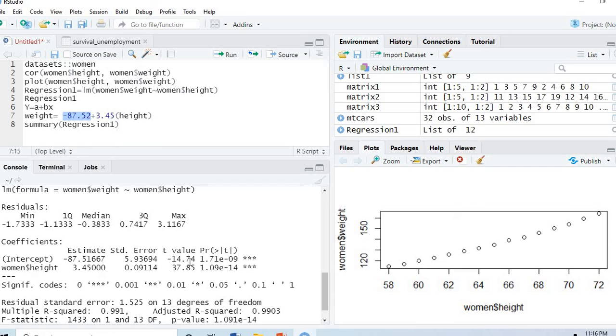This value should be less than 0.05, and at last the F statistic related to the ANOVA should also be less than 0.05. And the multiple R-squared value indicates how much proportion of the dependent variable is contributed or accounted for by the independent vector.